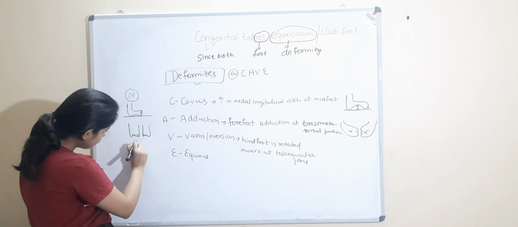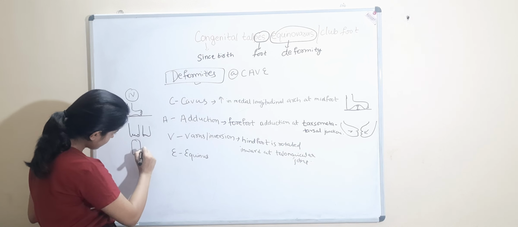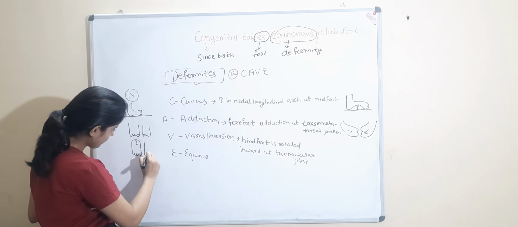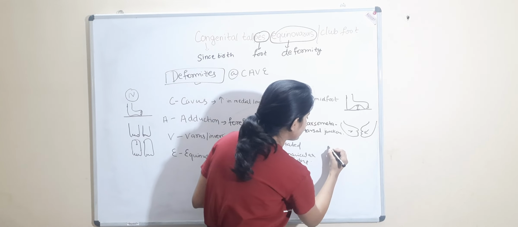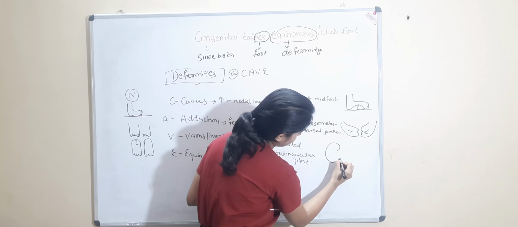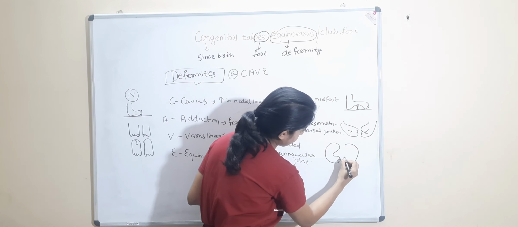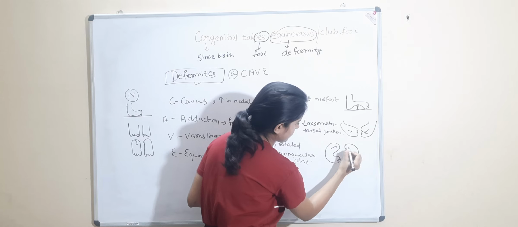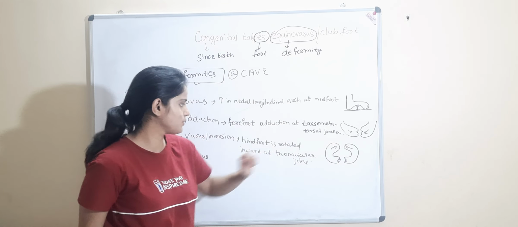Normally, the foot is like this, but in varus, foot becomes like this. Hind foot is rotated inward at talonavicular joint.